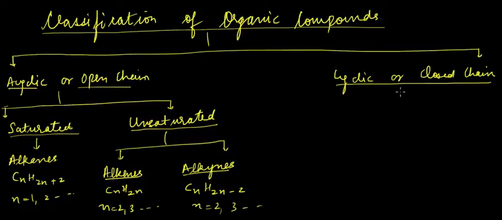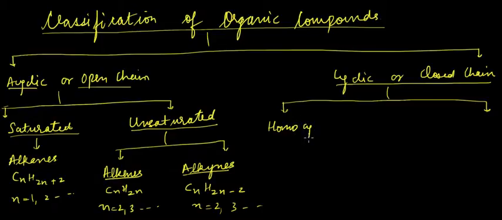And for cyclic or closed chain compounds, we can divide them into two subcategories, namely homocyclic and heterocyclic.